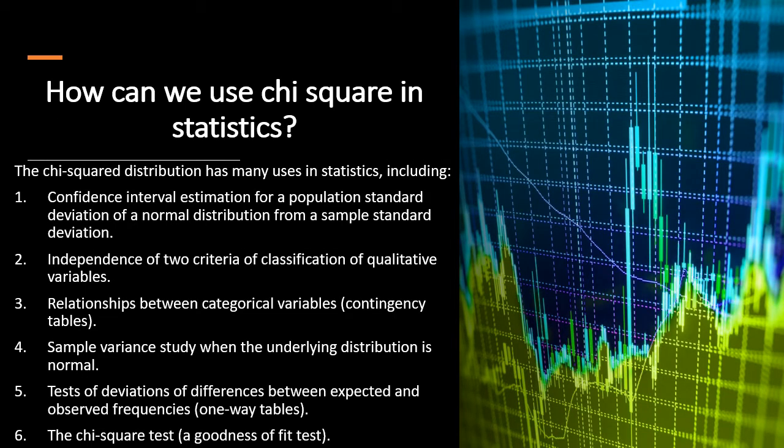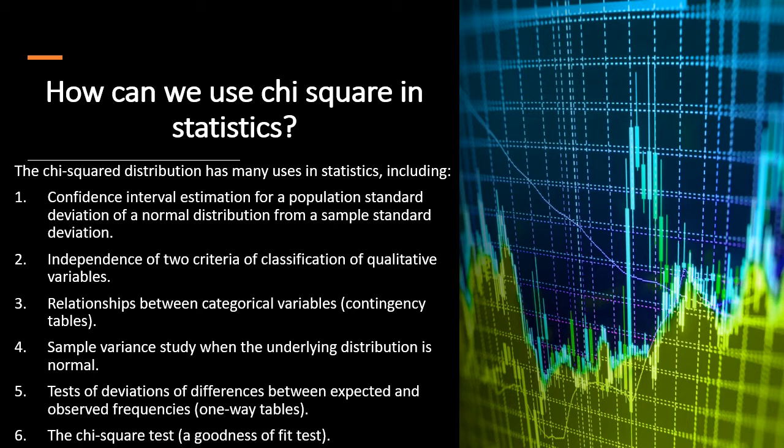Now comes how we can use chi-square in statistics. We can use it in various forms, like we can determine the confidence level for a population standard deviation of a normal distribution from a sample standard deviation. We can also find out the relationships between categorical variables using a contingency table.